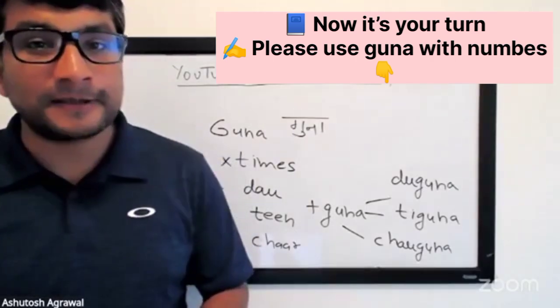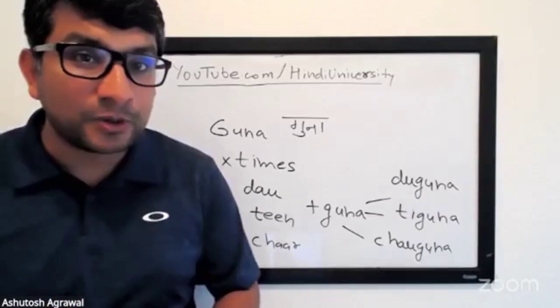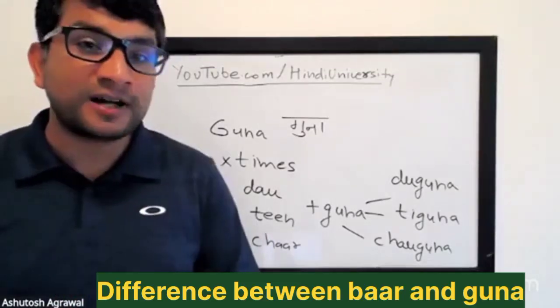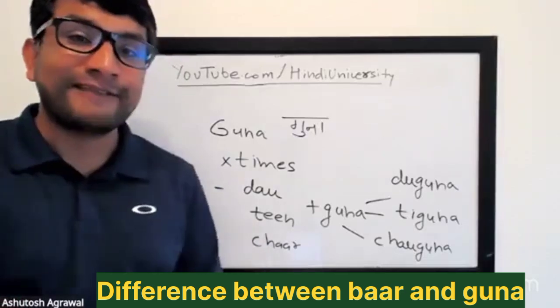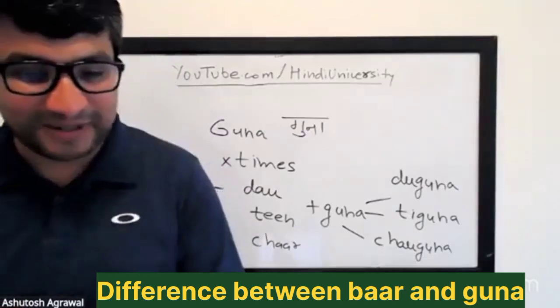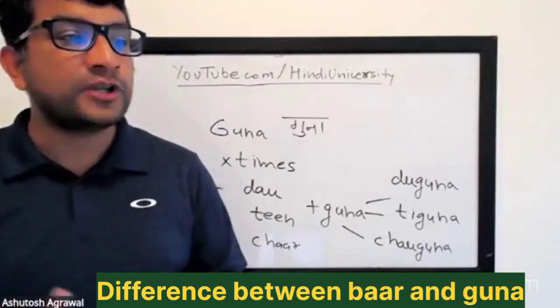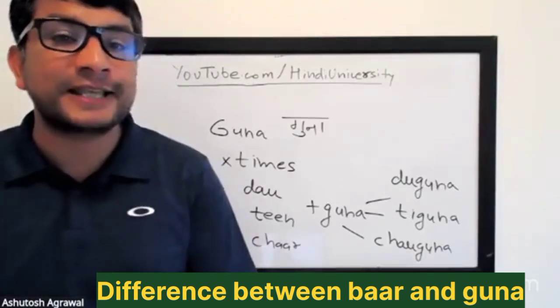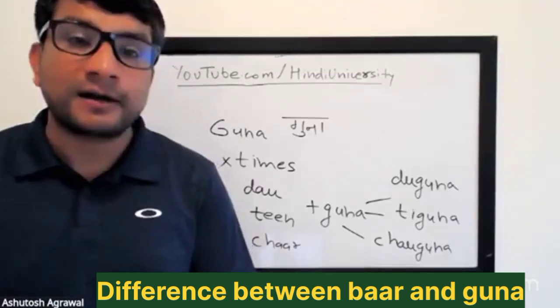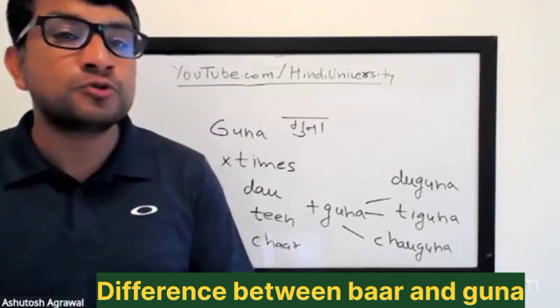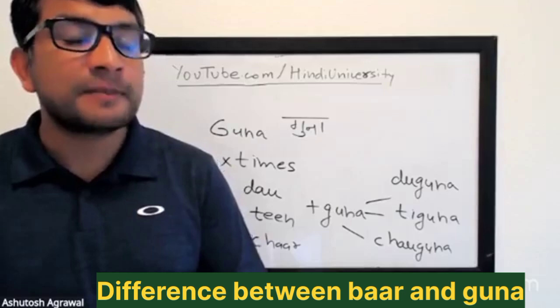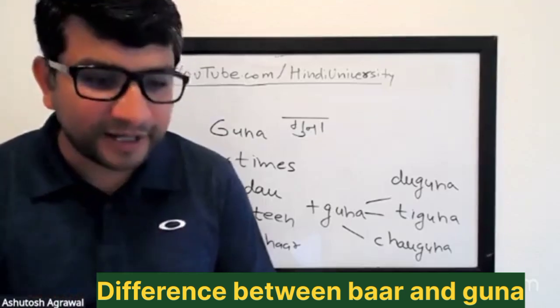There is some overlap between bar and Guna, but there are cases where you can use bar and cannot use Guna, and cases where you can use Guna but not bar. When you do something a certain number of occurrences, that's where you say bar. For example, if you've gone to Greece 4 times, you say मैं Greece 4 बार गया हूँ.